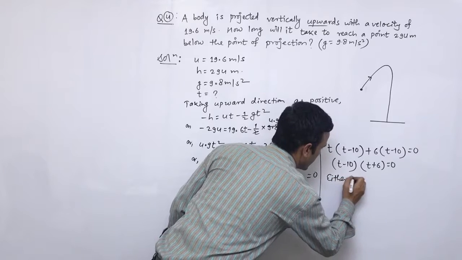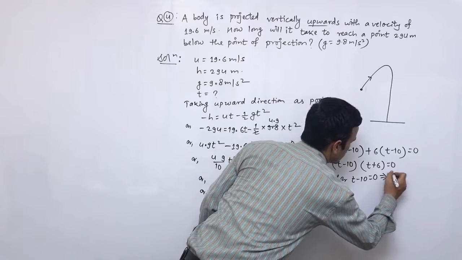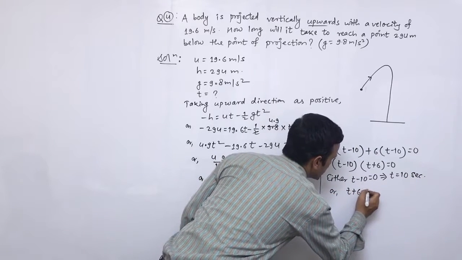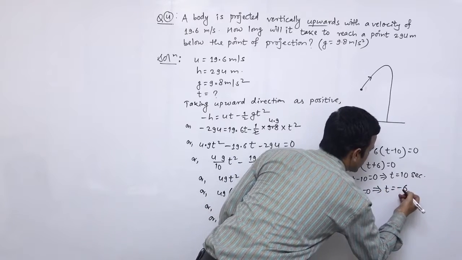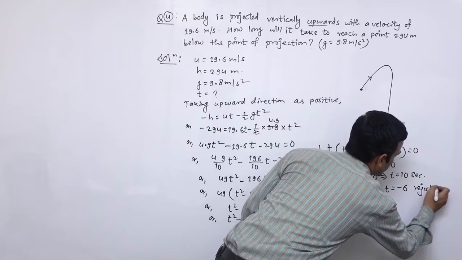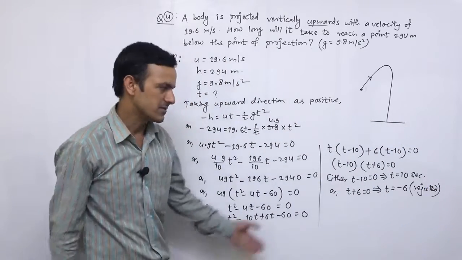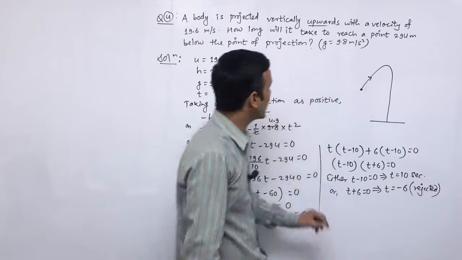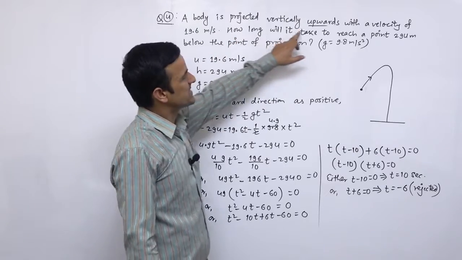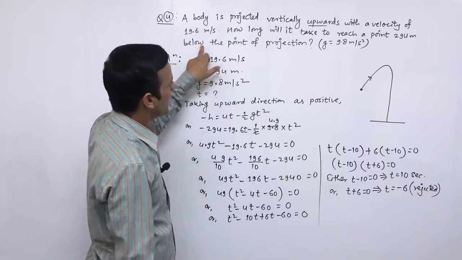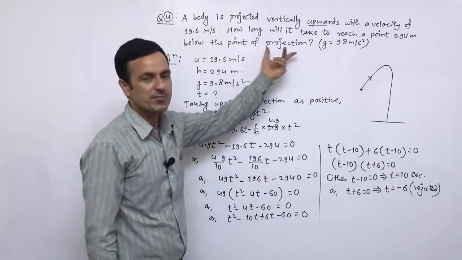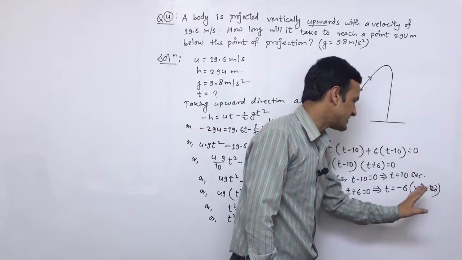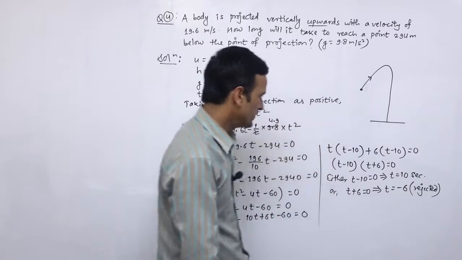So either t minus 10 is equal to 0, which implies t is equal to 10 second, and or t plus 6 is equal to 0, which means t is equal to minus 6. So this one is rejected because time is never negative, so we can ignore it, and our suitable time is 10 second, for which it takes this 10 second to cover this distance below the point of projection. So time can never be negative, so we can reject it, and we have to find out this value. So t is equal to 10 second is the required time.